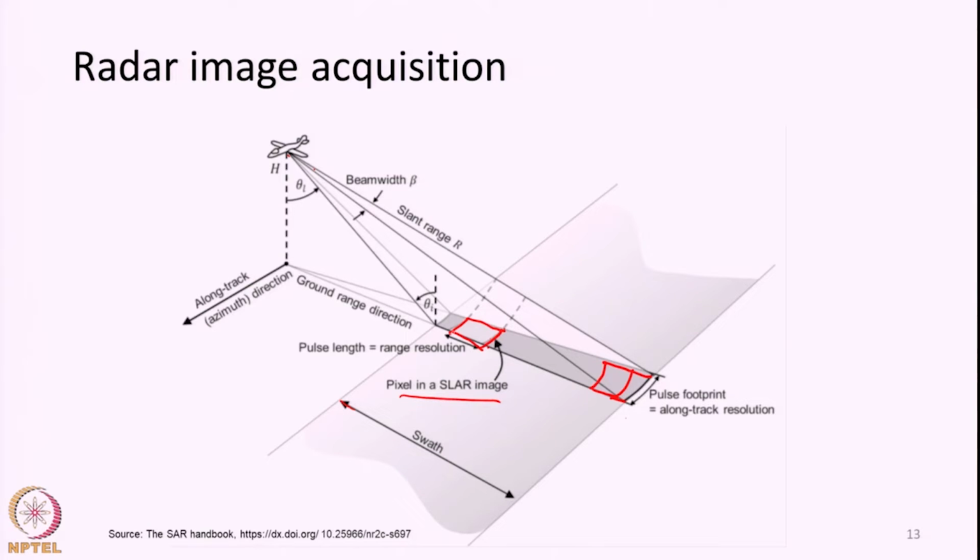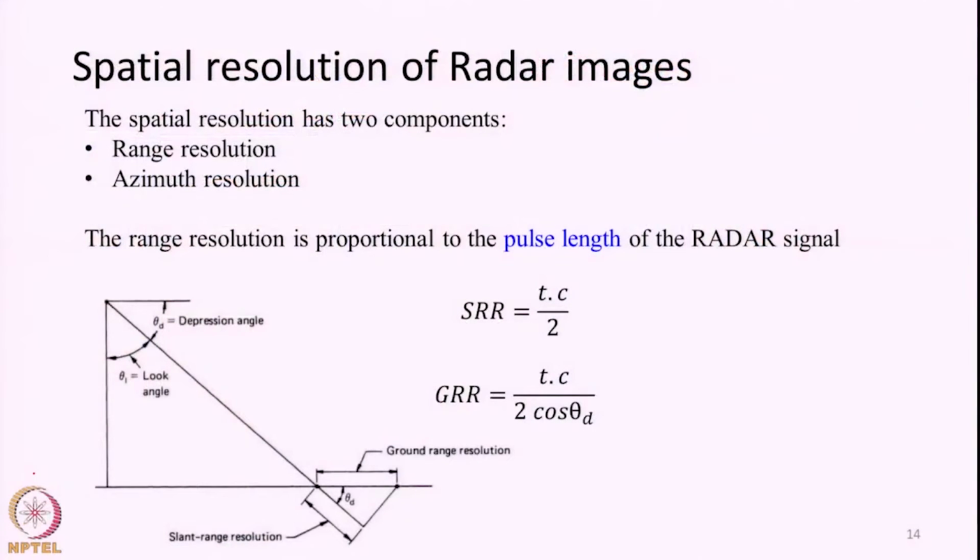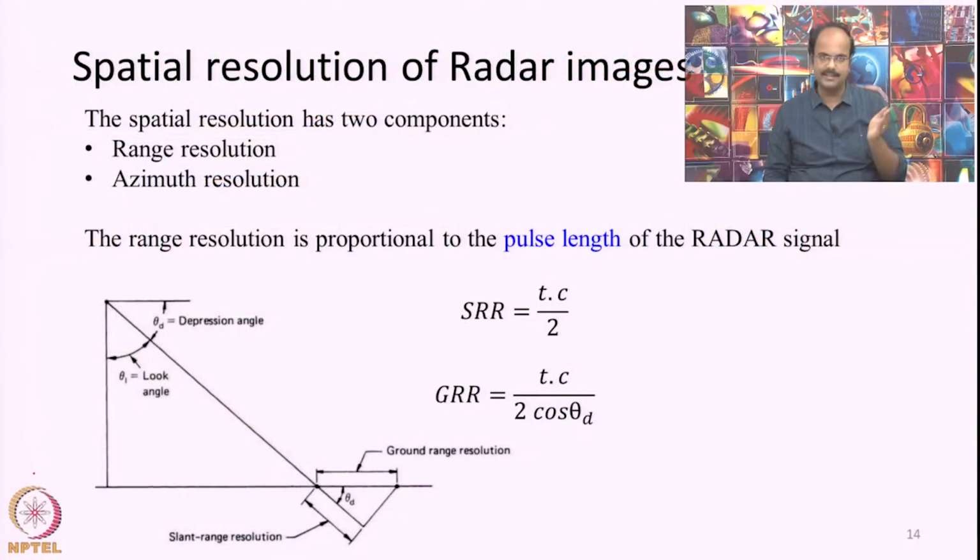So, the spatial resolution, or simply put the pixel size in a radar image, is defined in two directions. In the range direction it is defined differently, in the azimuth direction it is defined differently. So, we call them range resolution and azimuth resolution. Range resolution is nothing but the dimension of each pixel in the range direction.